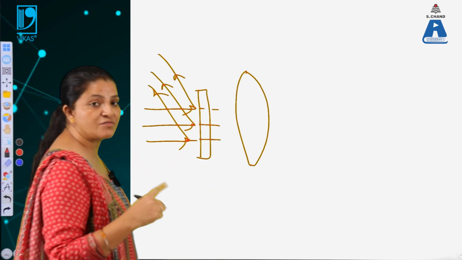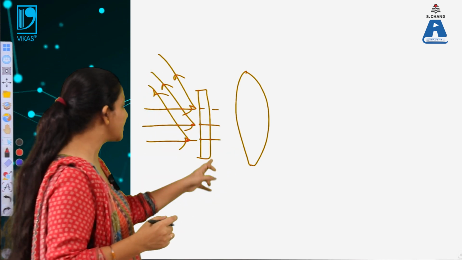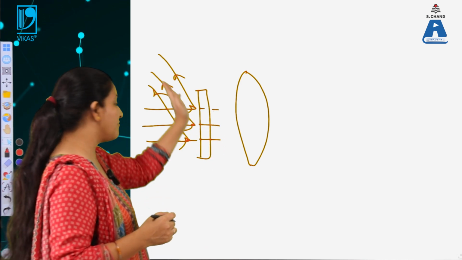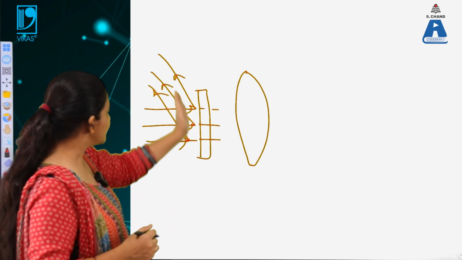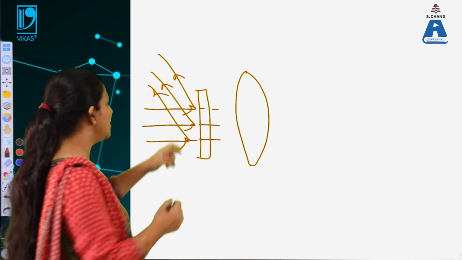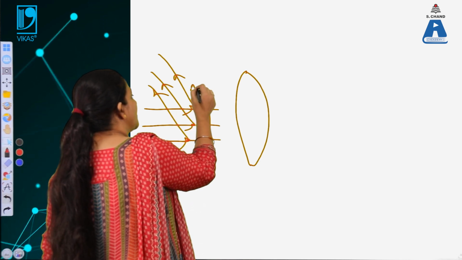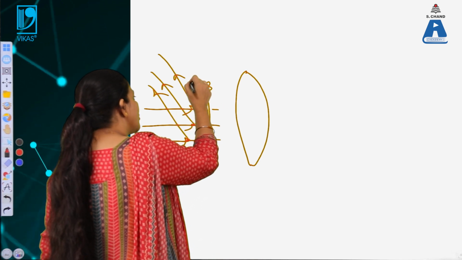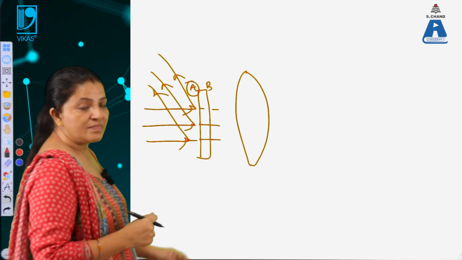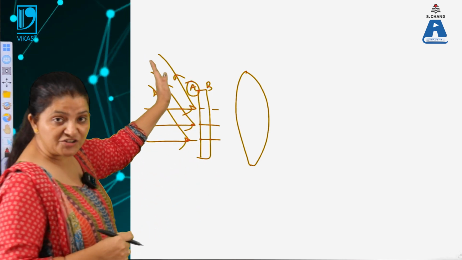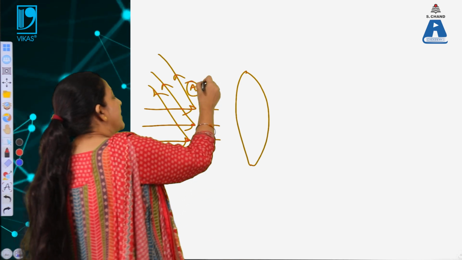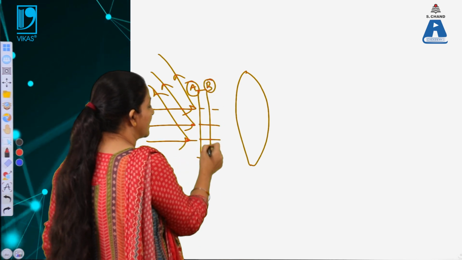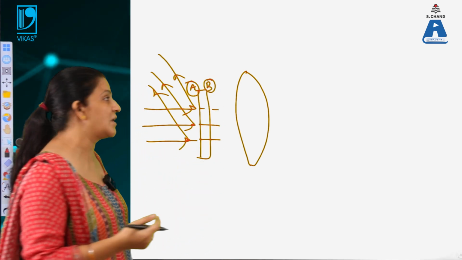By the refraction of the light we are able to see the back side of the object, and by the reflection of the light we are able to see this portion. If this is the point A and this is the point B, the face A can be seen by the reflection of the light, while the face B of the object can be seen by the refraction of the light.